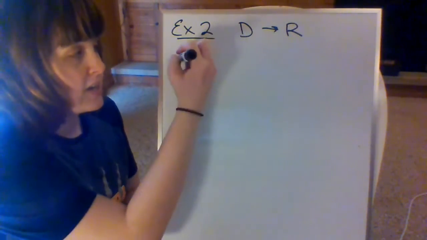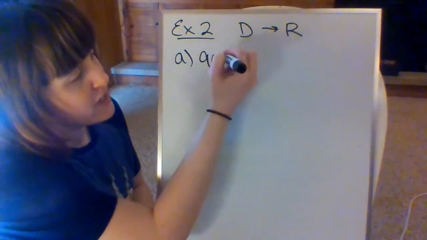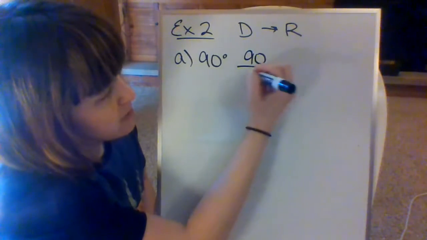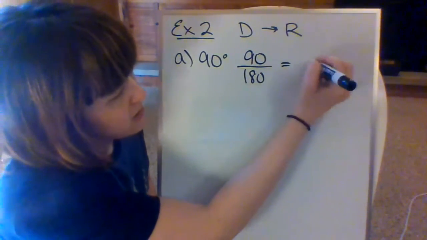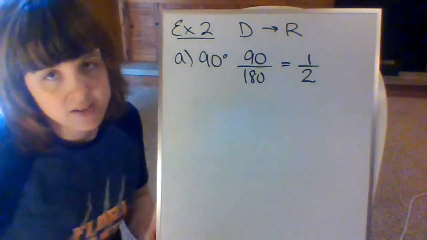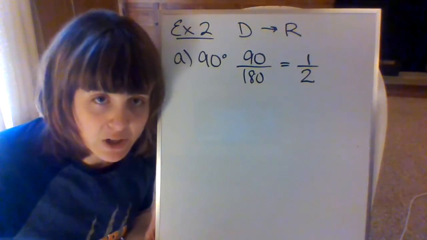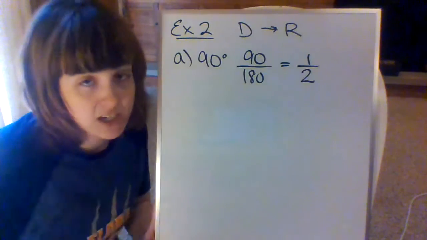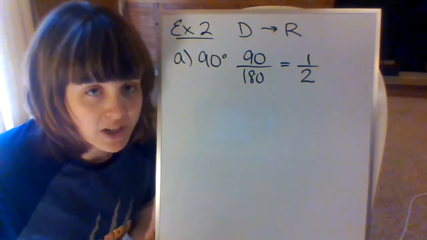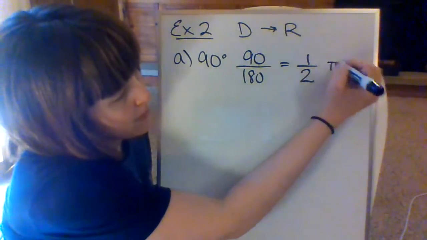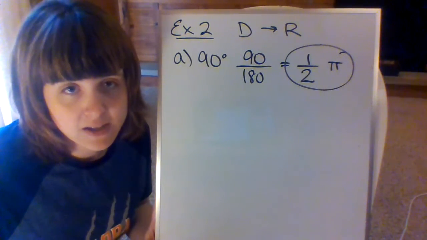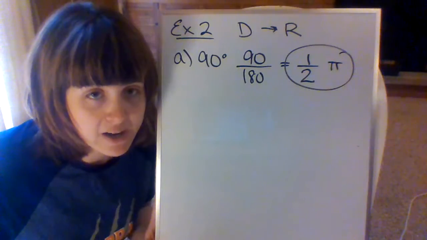So part A, we're trying to convert 90 degrees to radians. So we're going to do 90 divided by 180, which equals 1/2. So here you need to convert your answer after you divide by 180 to a fraction, and then we'll put the pi symbol on it. Okay, so that is 1/2 pi, or you could also write it as pi over 2.